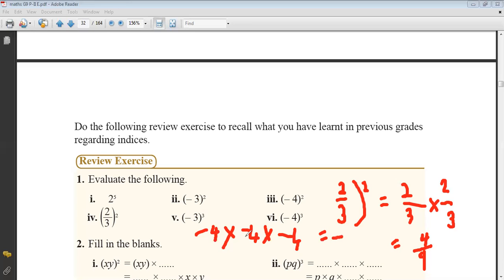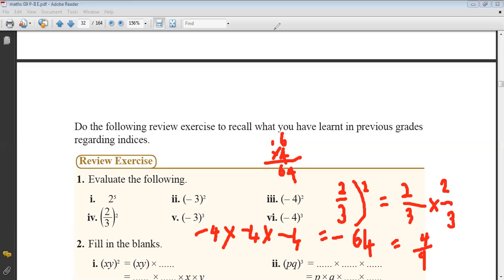Now here, 4 times 4 is 16. 16 times 4: 6 times 4 is 24, 4 times 1 is 4, and 2 is 6. So 64, which equals negative 64. Okay, you understood now.